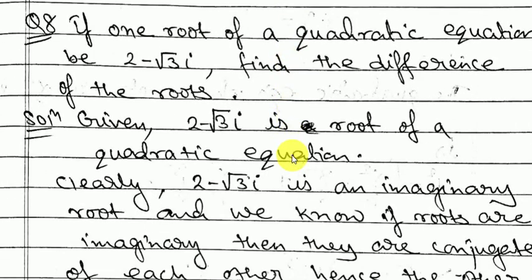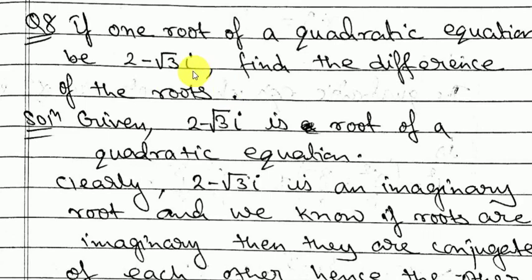Now question number 8. If one root of a quadratic equation be 2 minus root 3i, find the difference of the roots. We know that if the roots are imaginary, then the roots are conjugate.